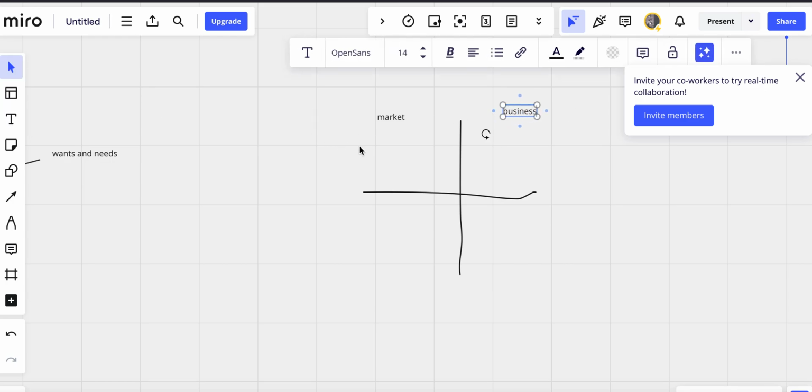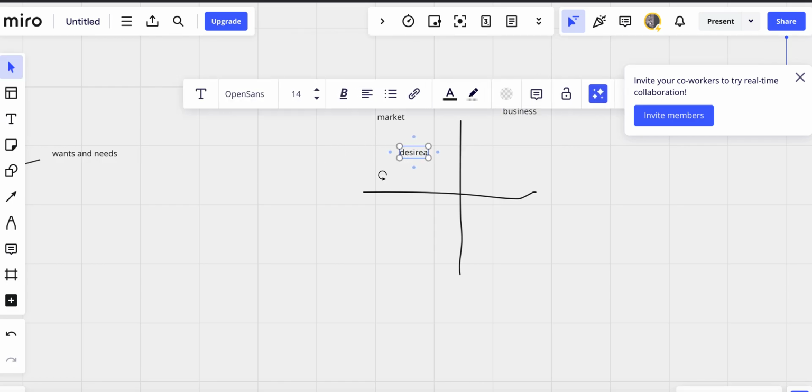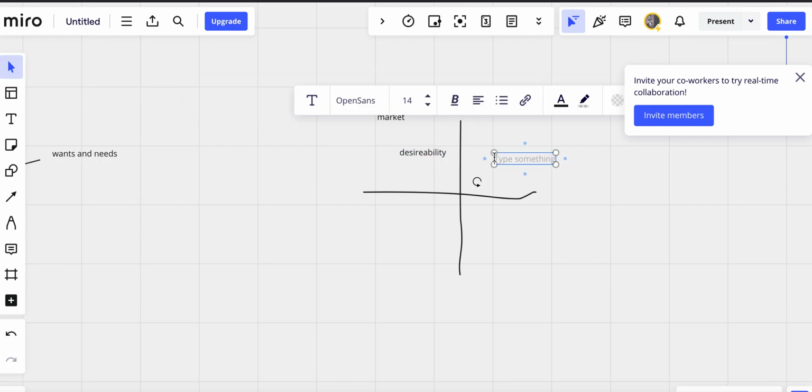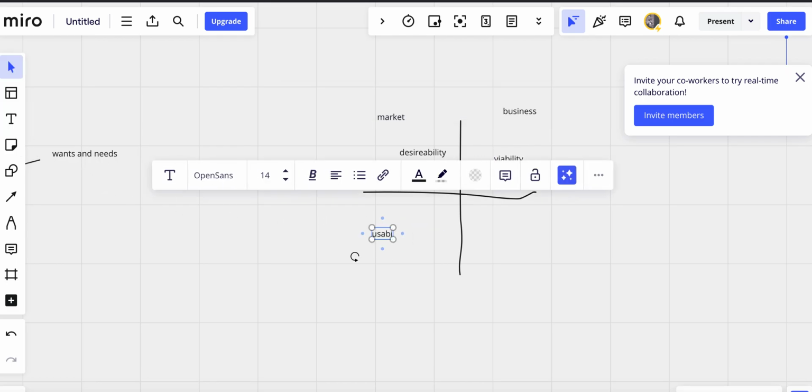And then it has desirability, viability, and usability.